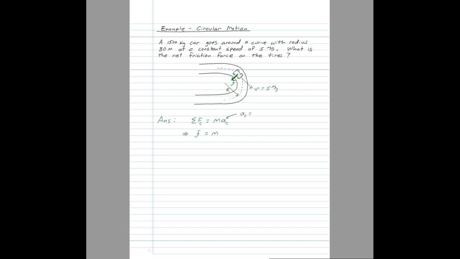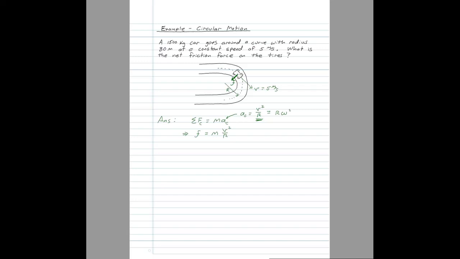The centripetal acceleration is equal to v squared over r, the speed squared over r, or it is equal to r times omega squared, that is the angular speed squared. This is probably the more common substitution, but in any case, either one of those can be useful. So now we'll go ahead and replace it with speed squared over r, because those are the variables that we were given.